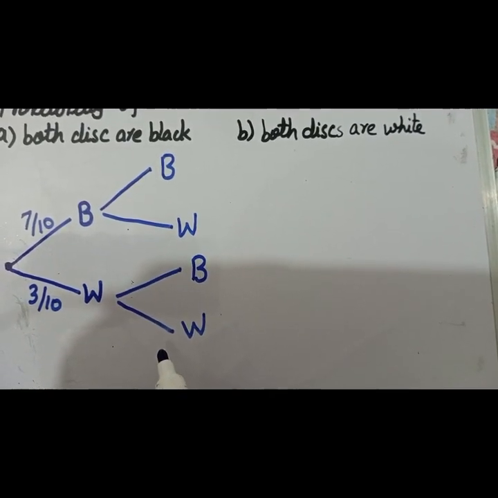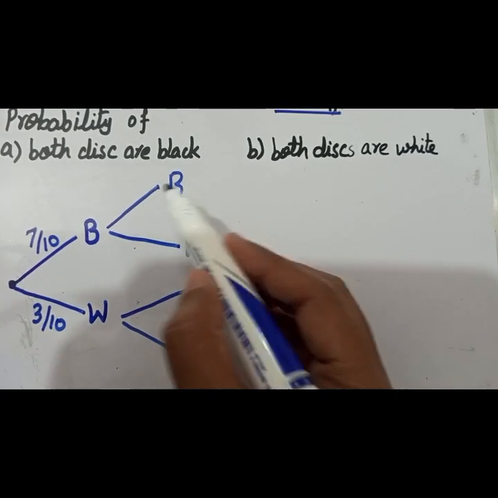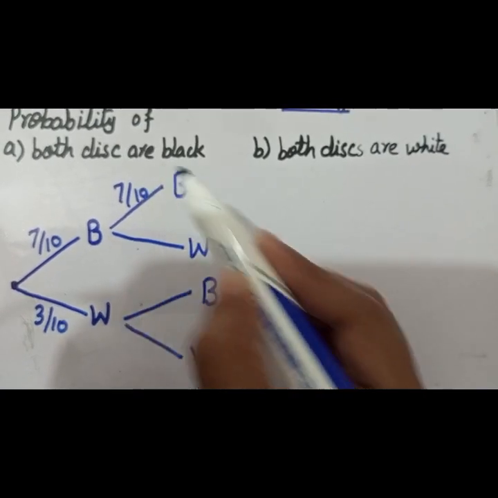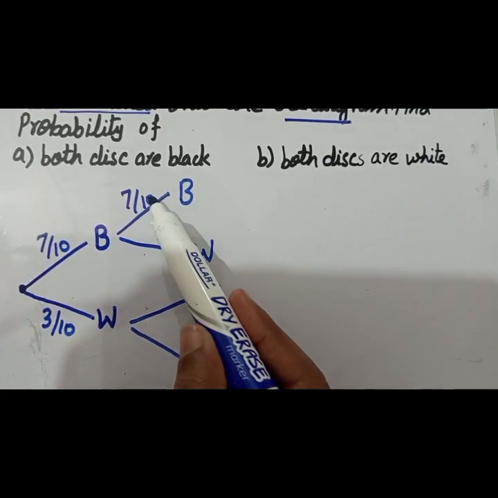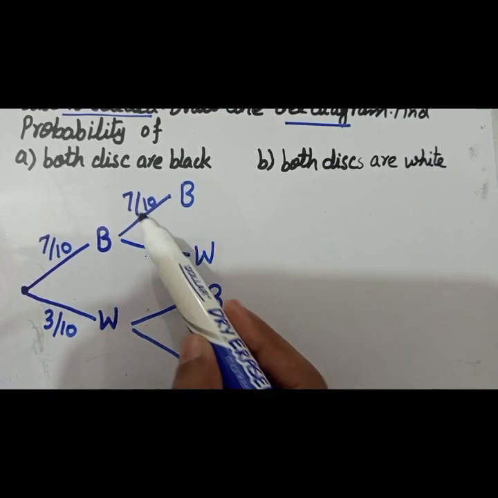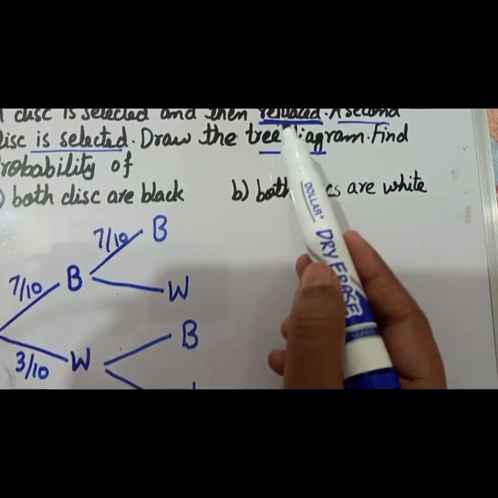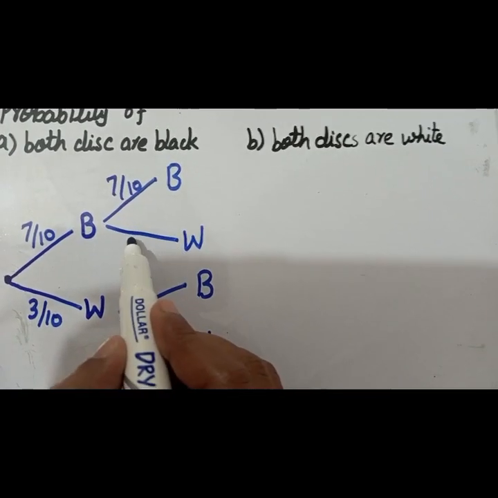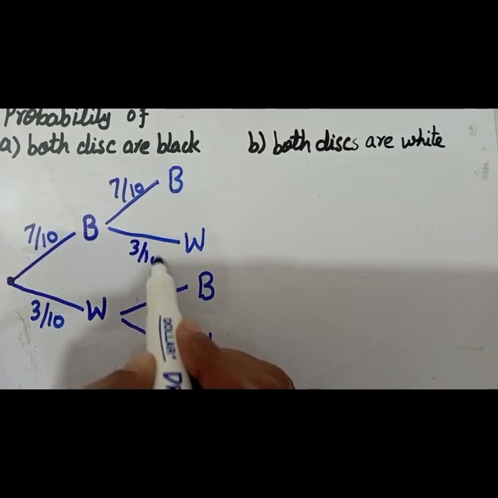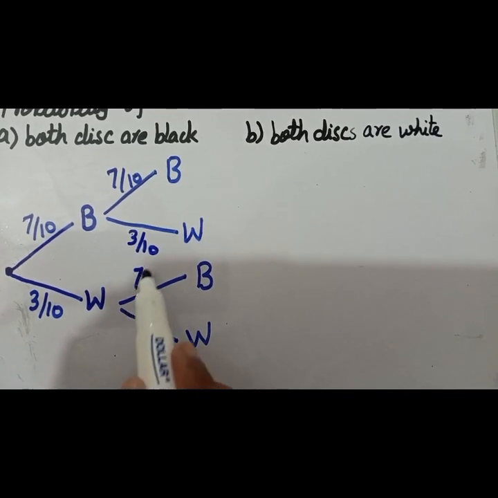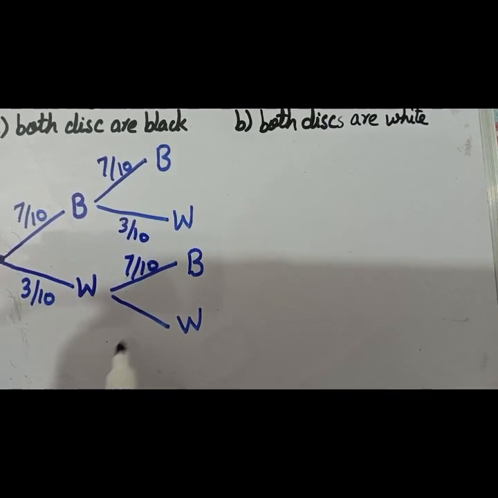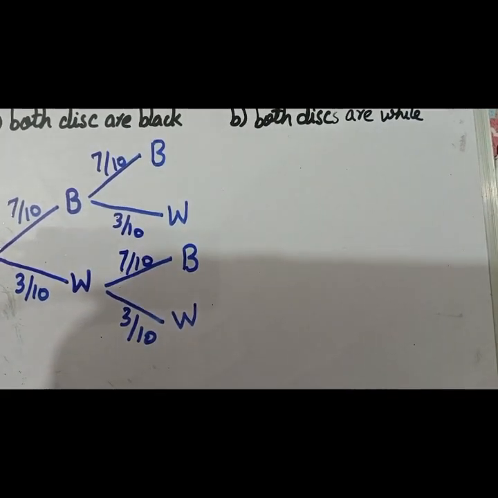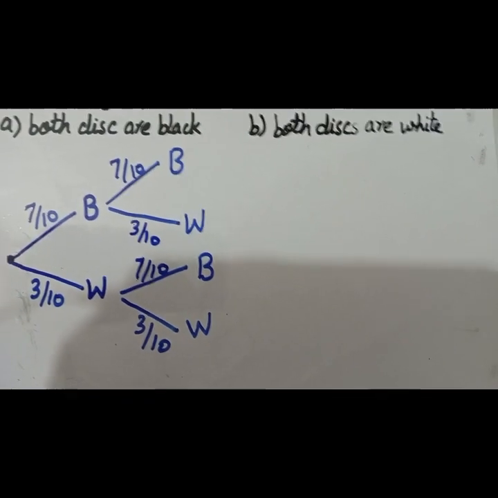What was the probability of black? The probability of black was 7 by 10. As I told you earlier, you are not going to disturb this total sample space, because here the word replace is written. What is the probability of white? That is 3 by 10. Same, 7 by 10, 3 by 10. This is the complete tree diagram.